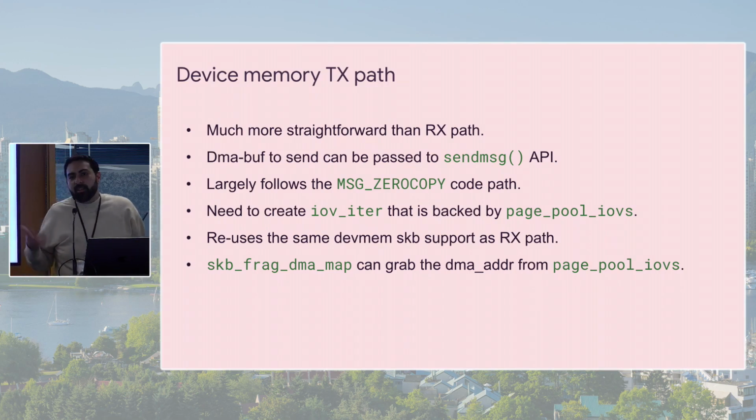The key here is to create an IOV iterator that is backed by these page pool IOVs instead of struct pages, and go through the TCP stack as normal. On the driver side, we just need to override the DMA address that usually comes from host memory with the DMA address that comes from device memory.